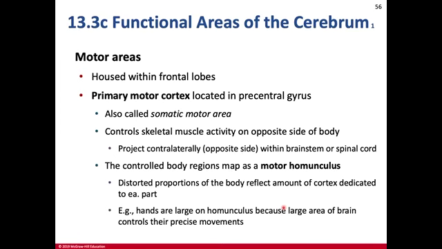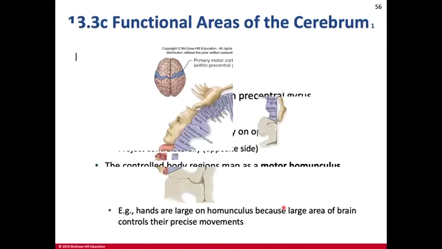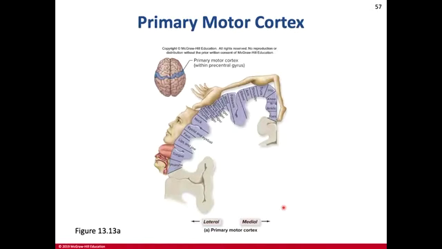Okay, what part of the motor cortex is talking, for instance, to your legs, your feet, your trunk, your hands, your fingers, your face, and so on. And what you see in the primary motor cortex is that the proportions of surface area of the brain dedicated to different parts of the body is not in proportion to our body proportions.